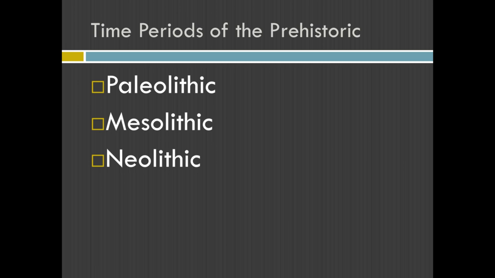Meso, middle, middle Stone Age. Neo, new, new Stone Age. Nothing all that fancy when you actually know what the words are. So don't let these terms throw you. Once you know what they mean, you'll find they're actually quite simple to use, right? A lot of this is just having to have the information. So I would say don't let terminology scare you.